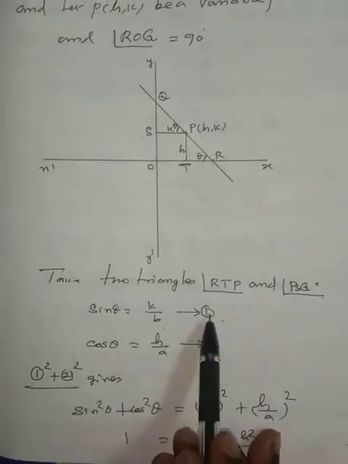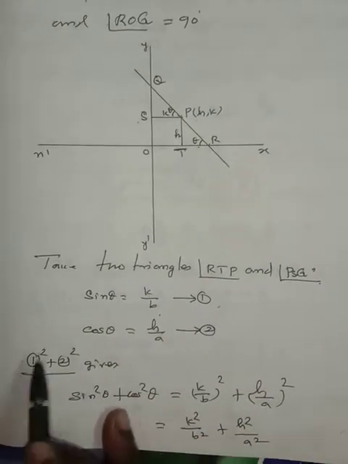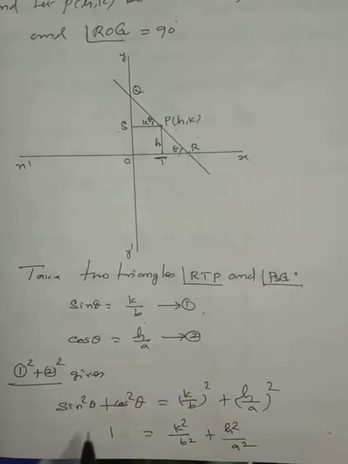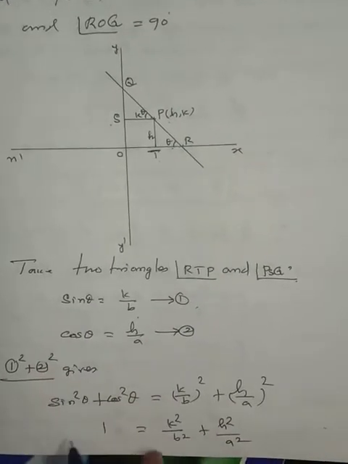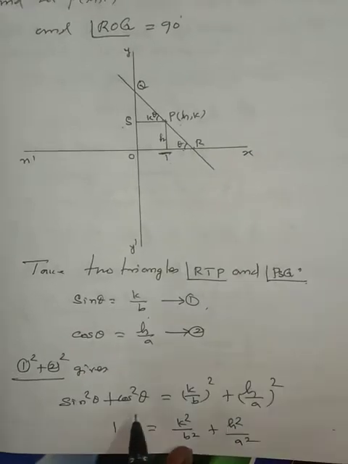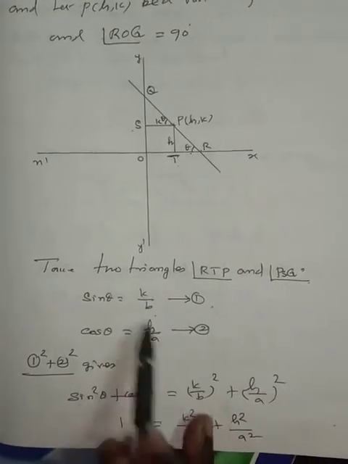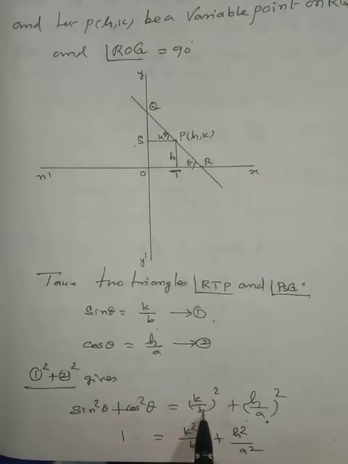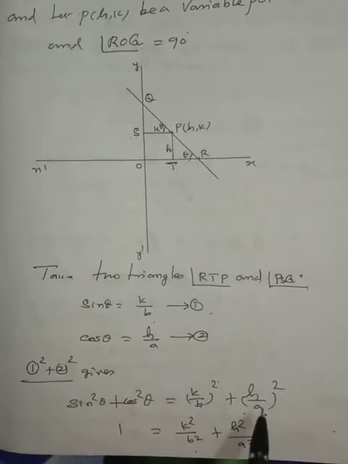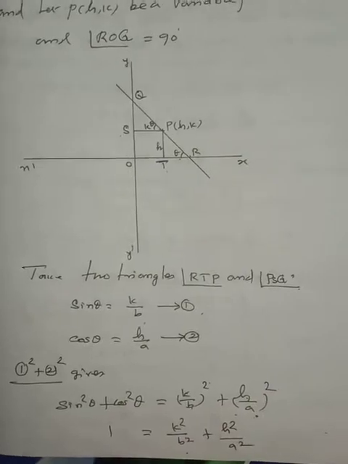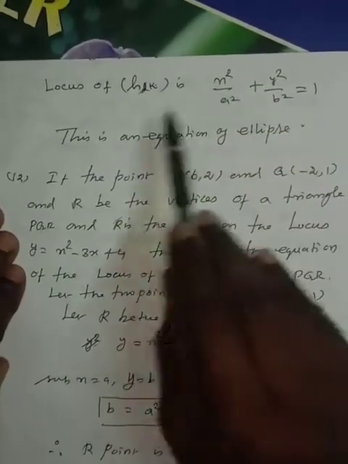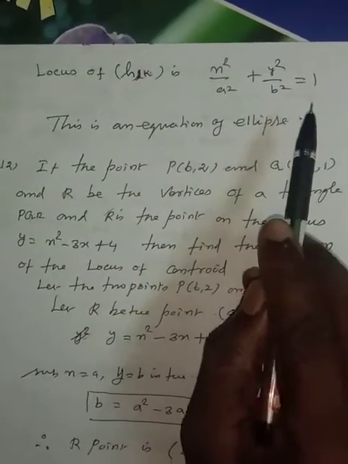Now we take squaring and adding of equations 1 and 2. Left hand side sin square theta plus cos square theta. Right hand side (k by b) whole square plus (h by a) whole square, which is k square by b square plus h square by a square. So x square by a square plus y square by b square is equal to 1. This is the required equation of the ellipse.